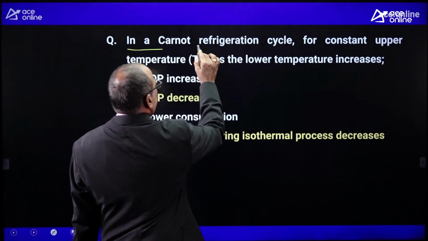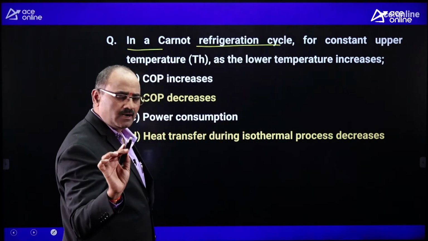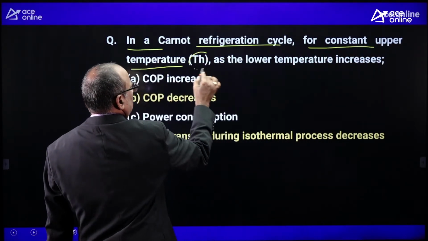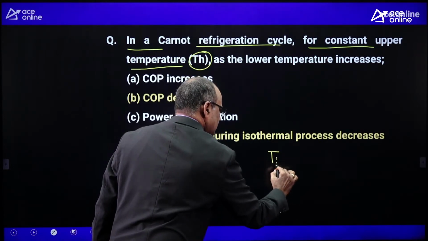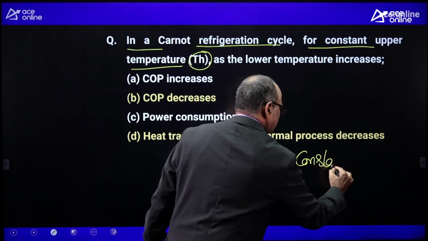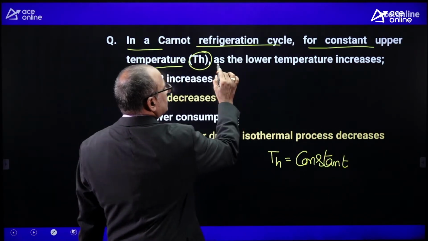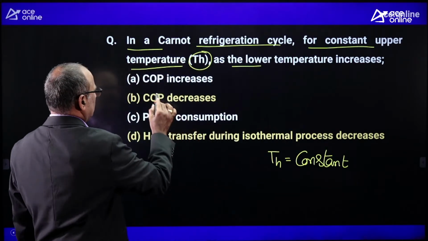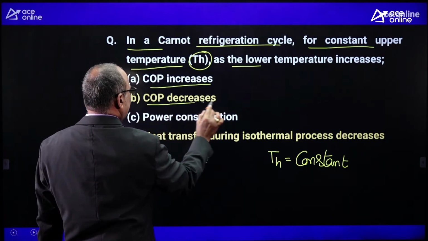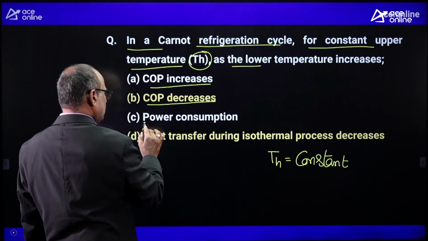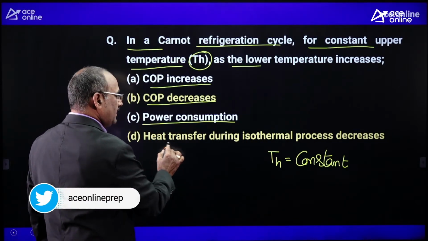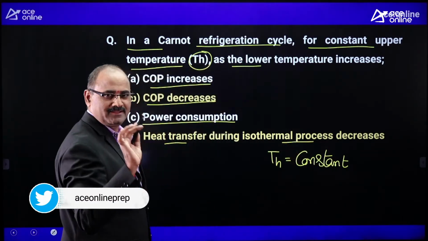In a Carnot refrigeration cycle, for constant upper temperature, means the higher temperature of the cycle remaining constant, as the lower temperature increases: option A, COP increases; option B, COP decreases; option C, power consumption; option D, heat transfer during the isothermal process decreases.